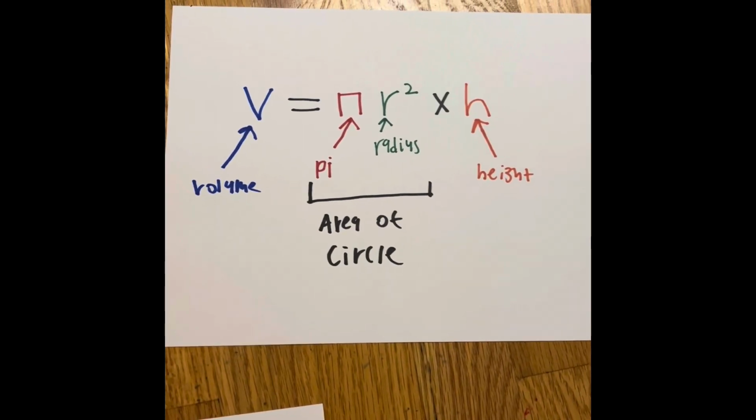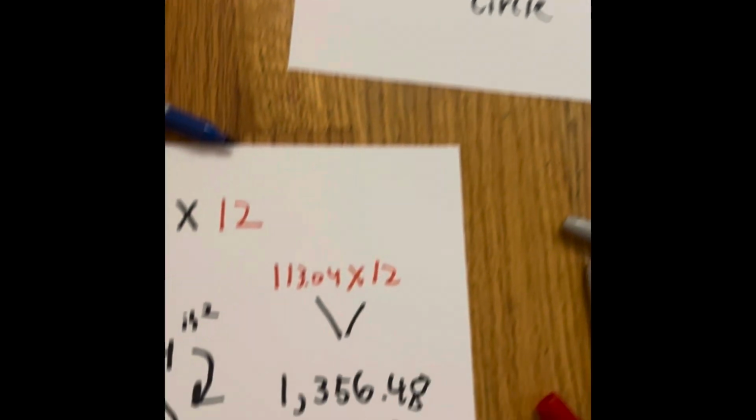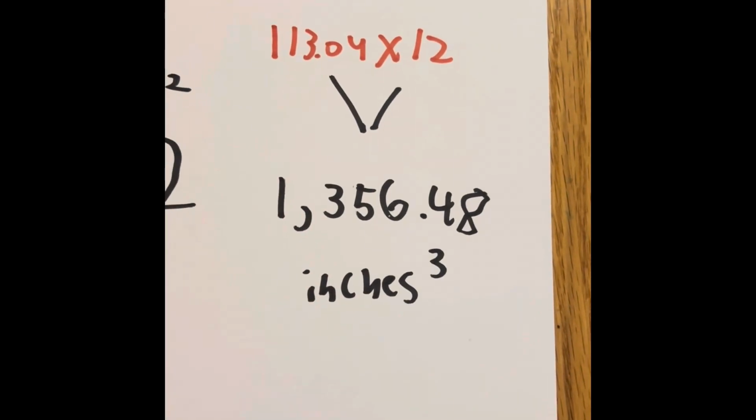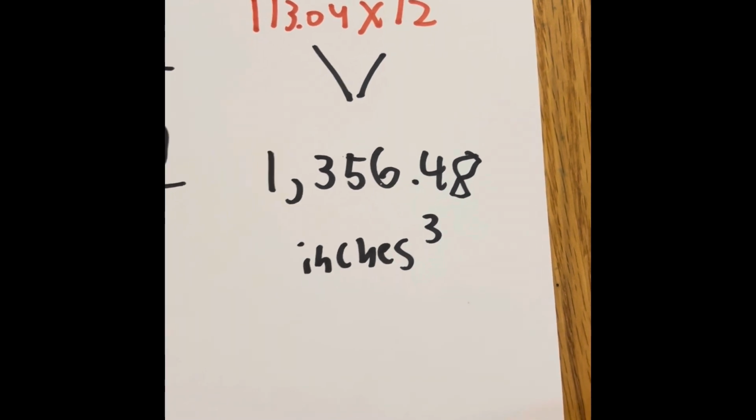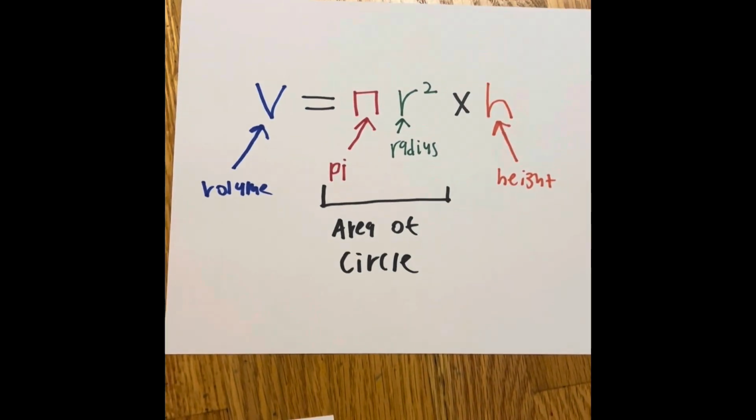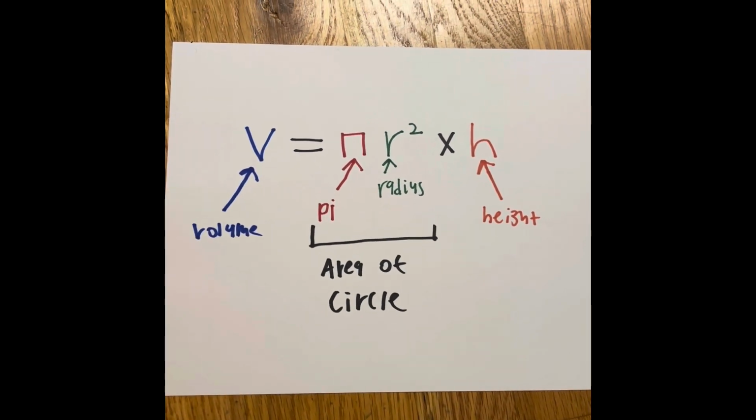So we have done it. We know that each captivity jar is 1,356.48 cubic inches, as well as understanding how to find the volume of a cylinder.